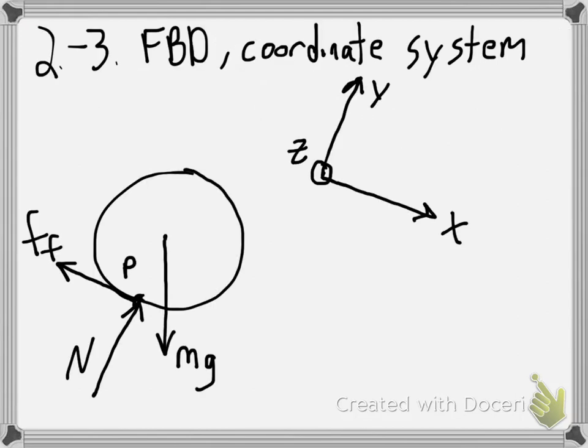So if I go back here and maybe pick a different color. Then this has a negative y component, positive x component, where this angle in here is the angle phi.